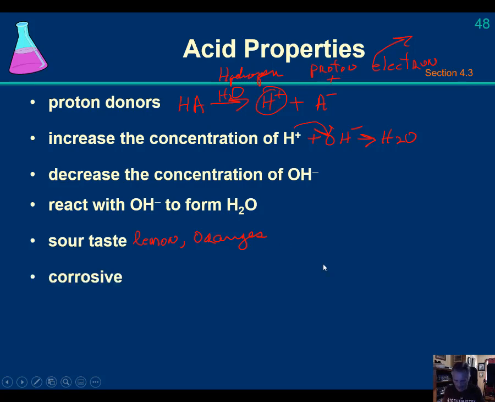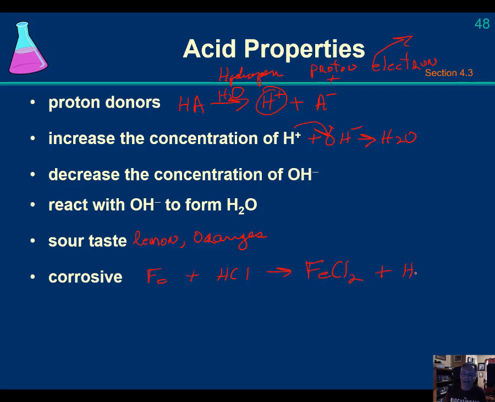And acids can be corrosive, particularly to some metals. So if you take a metal like iron and you put it in some hydrochloric acid, you're going to get 2 products out of that. You'll get a salt, which, we'll just keep it fairly simple, is iron 2 chloride.